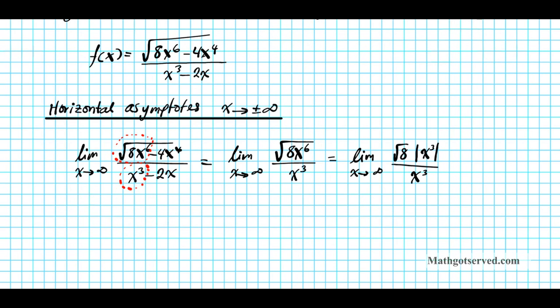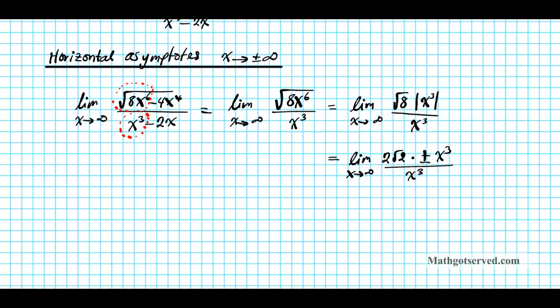Now, when we're going to infinity, we know that this absolute value is going to attain a positive sign, right? So let me just show you the steps. Limit as x approaches infinity, 8 can be reduced into 2 root 2 times plus or minus x to the third over x to the third. Okay, don't be in a haste to cancel because you don't know what direction it is yet.